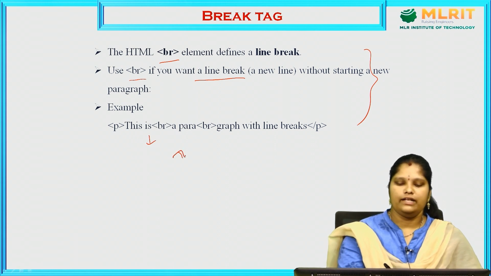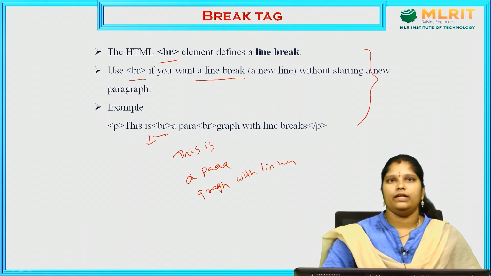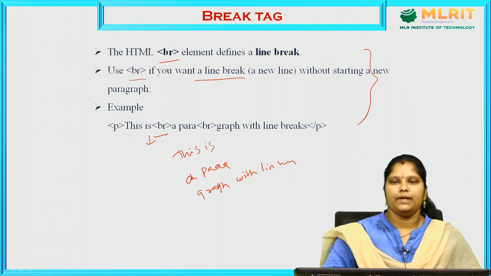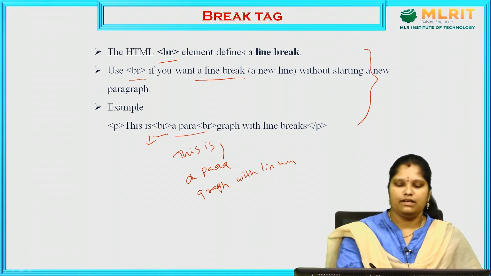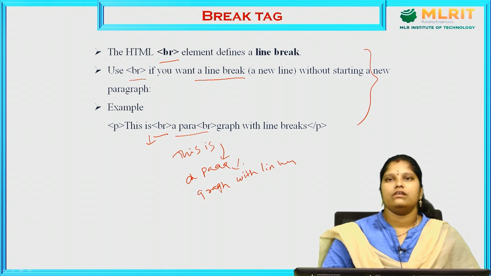It will display like this, this is a paragraph with line breaks. If you use BR, then it gives the line break, this line will break like this, this is the output, right. And this is also a basic HTML tag, right.